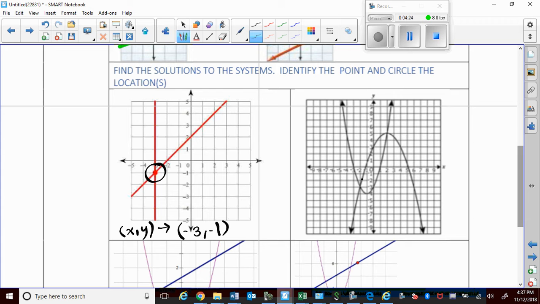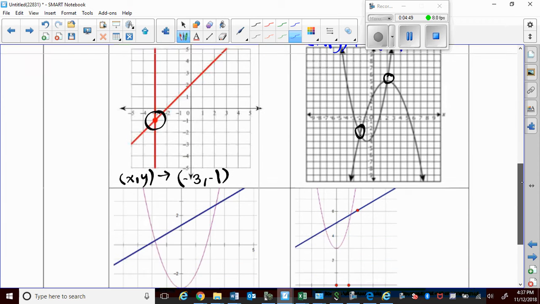Over here, we have two solutions. There's one, and there's the other. My first solution, x, comma, y, maps onto -2, comma, -3. My second solution, x, comma, y, maps onto 2, comma, 5, and I'm done.